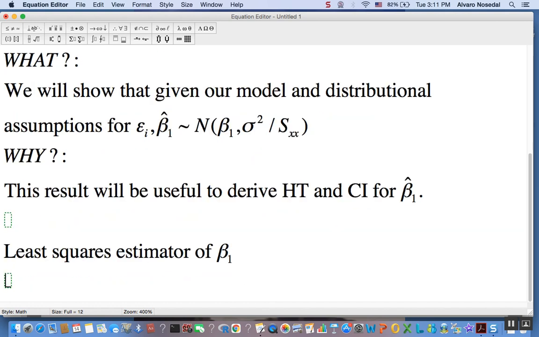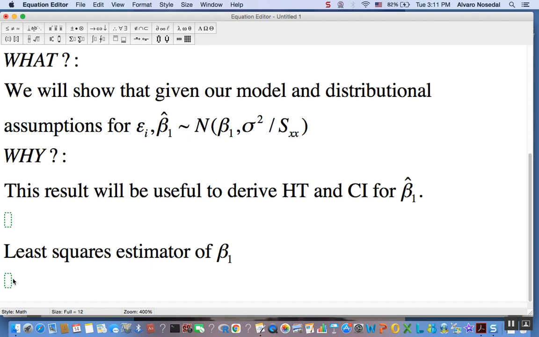Remember that we used the normal equations to come up with a general expression of this guy. It was kind of a homework problem. We did it in a particular case, and then in our slides we have a general expression, and what we said is going to be a homework problem.